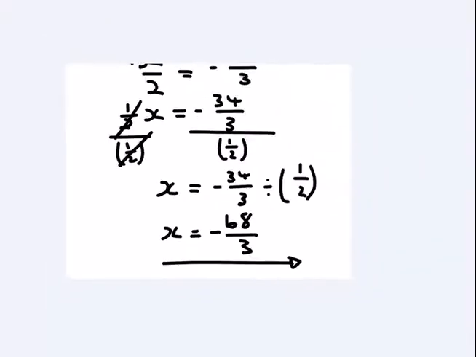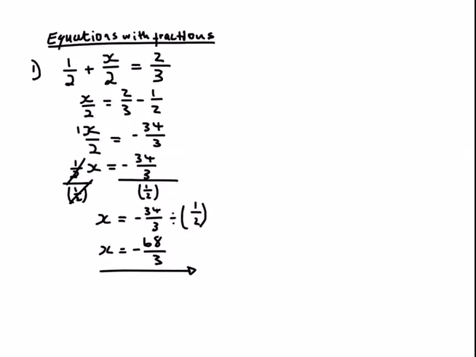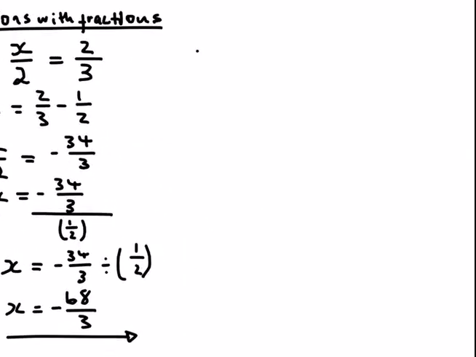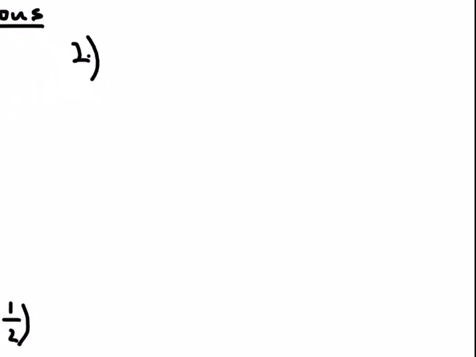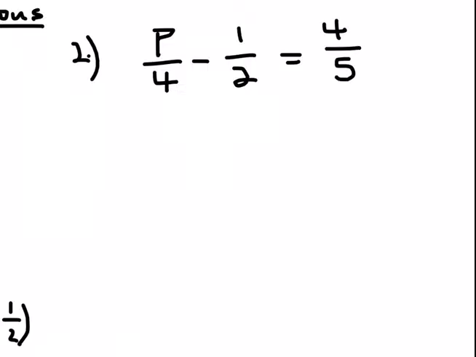So without wasting much of our precious time, let me quickly do example number 2, then we will see how to work it out. So let's say you have p over 4 minus 1 over 2. Let's say maybe this is equal to 4 over 5.